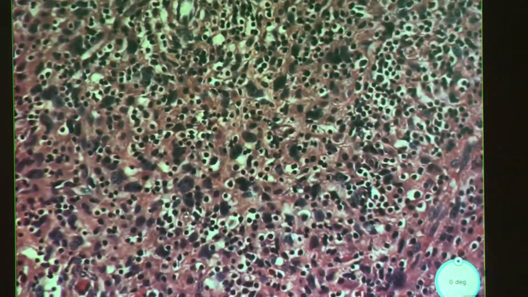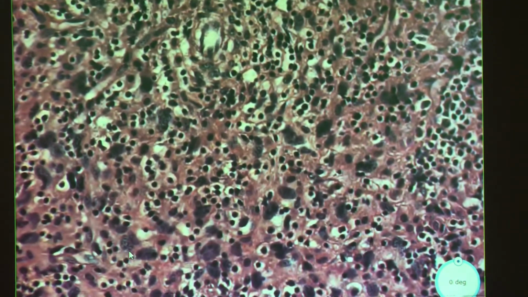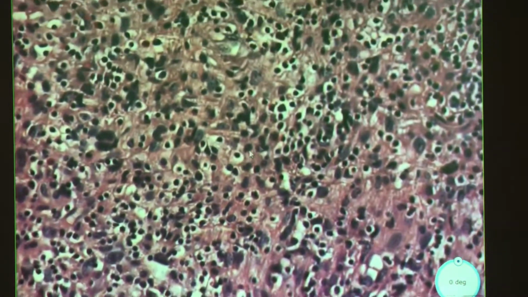So let's zoom out and see if there's any other parts that look a little different. This looks even more terrifying. Has a little bit better resolution. I mean, look at that really coarse chromatin. Maybe that's a mitotic figure. It's hard to make out because it is so hyperchromatic.